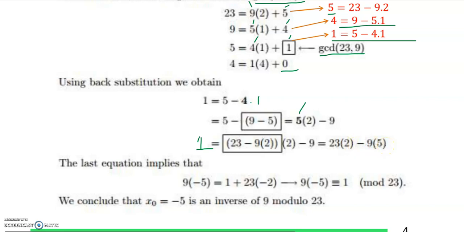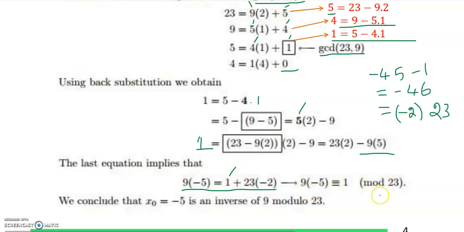So I take this to one side, that is 9 into minus 5 is equal to this one, then 23 into 2 I write with this one. Which means this equation says that 9 multiply minus 5 is congruent to 1 modulo 23.